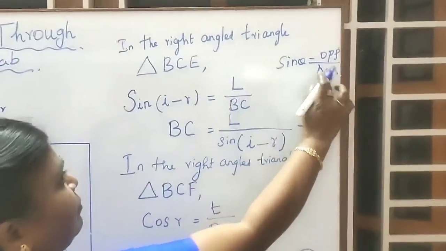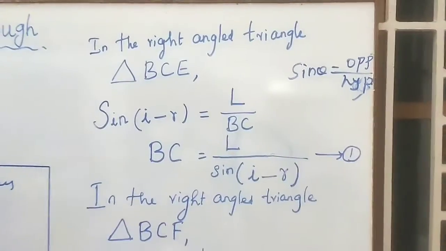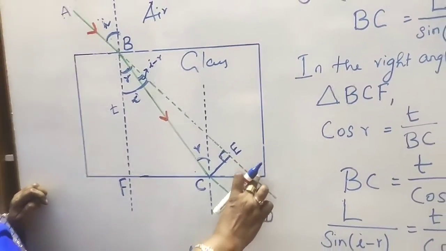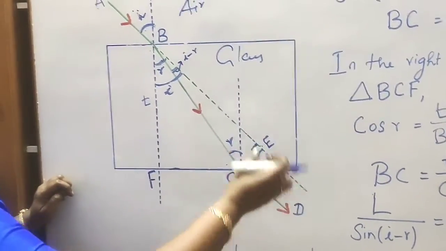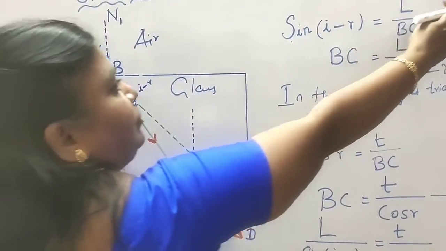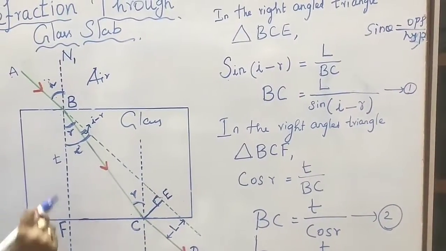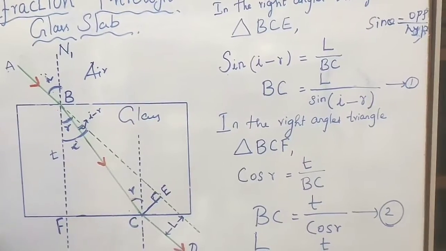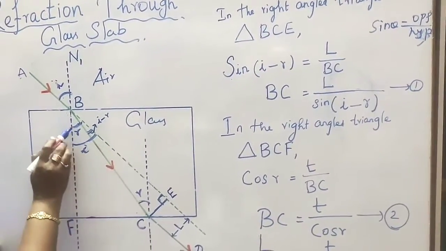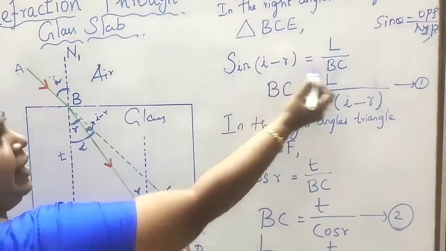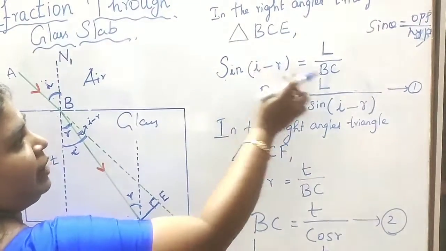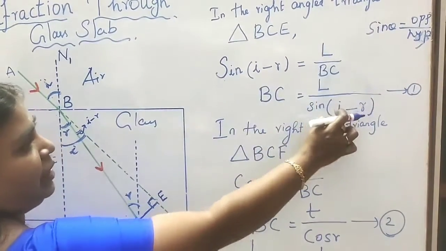Opposite to this angle is CE, that is L, and the hypotenuse is BC. So sine of I minus R is L by BC. From this, BC is nothing but L divided by sine of I minus R.